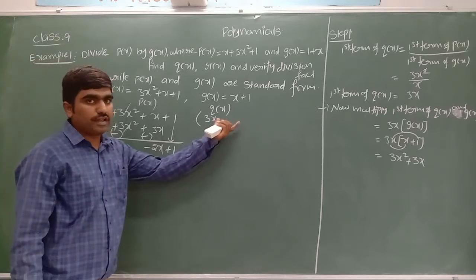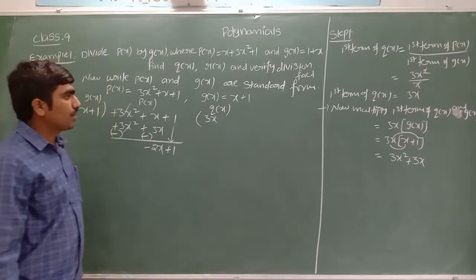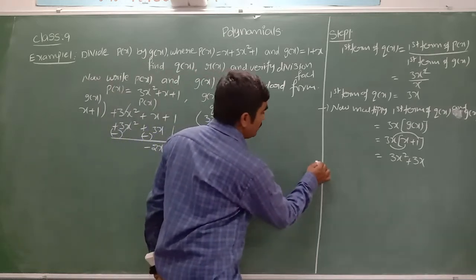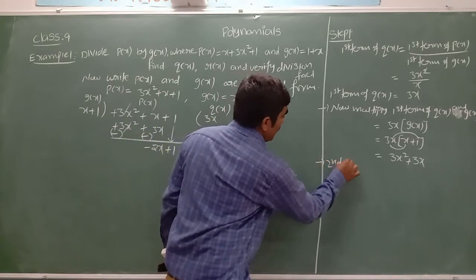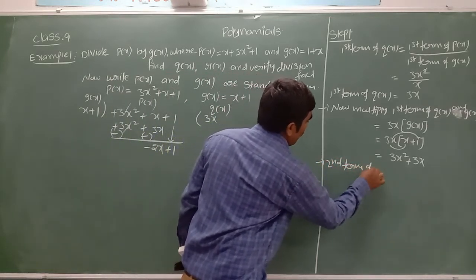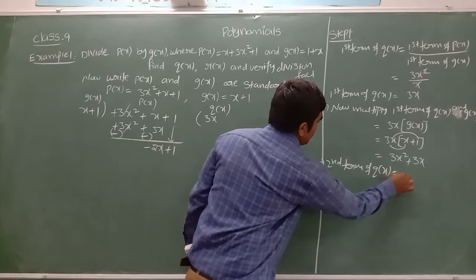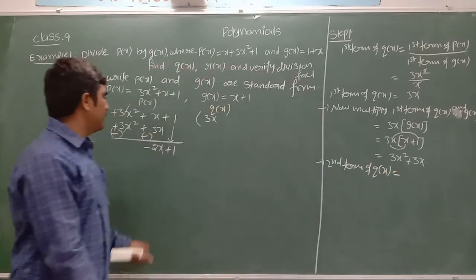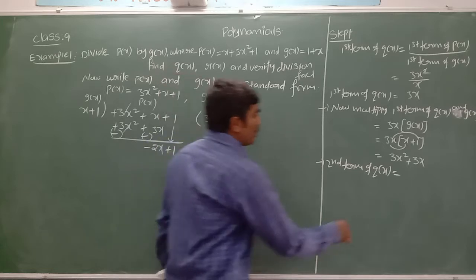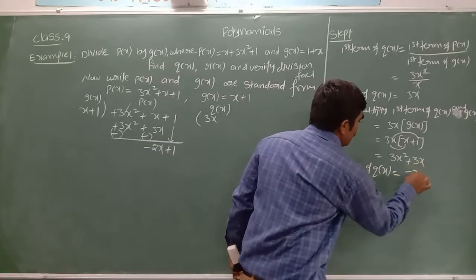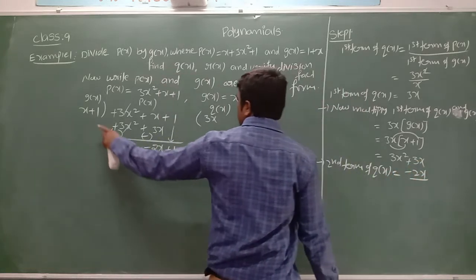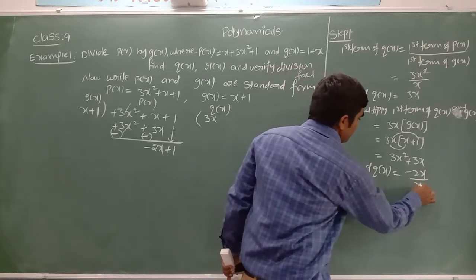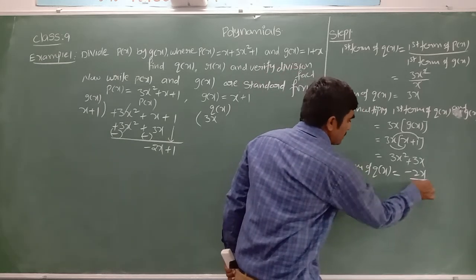Now I want to get the second term of q of x. The second term of q of x is equal to the first term of the new p of x divided by the first term of g of x. Minus 2x by x, we cancel x.